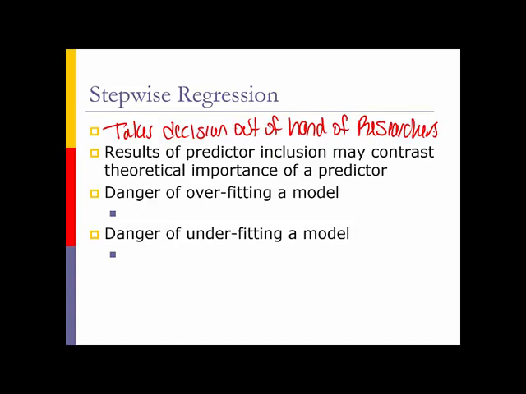Another problem, if you're just throwing the numbers in, you could end up including a predictor that goes against your theoretical decisions. You could also overfit a model. What does overfitting mean? You have too many variables and some of them make very little contribution.